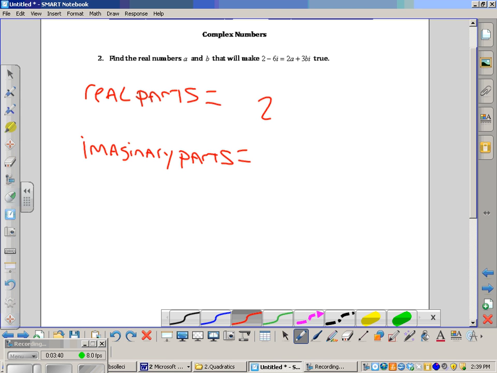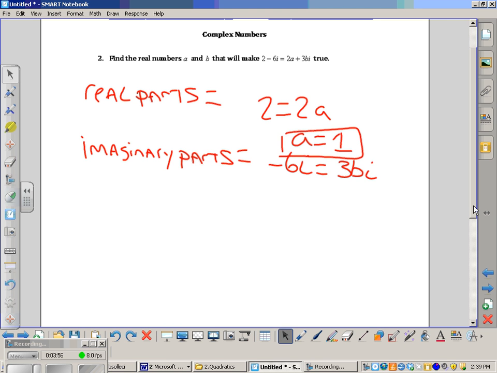So this is going to be 2 equals 2a, and negative 6i equals 3bi. So I think we can see a is 1, and it looks like b would appear to be negative 2.